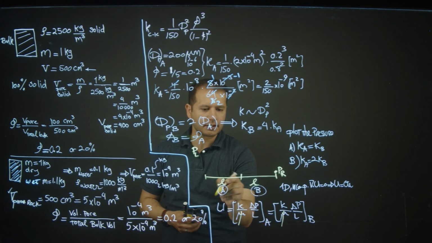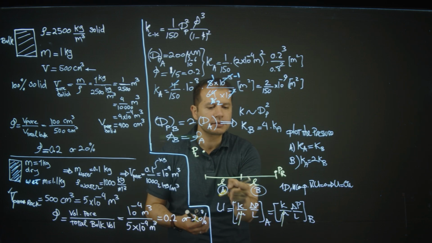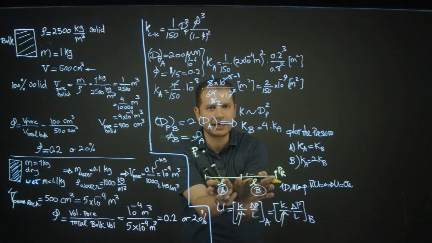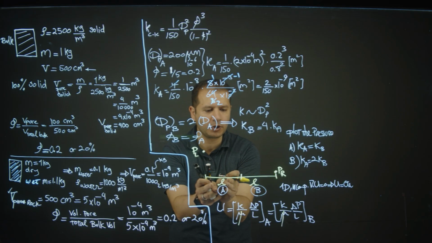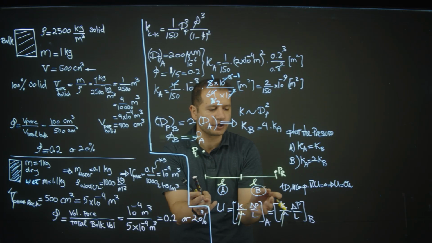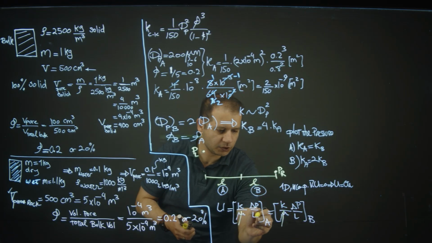Here the lengths are L and L. Length doesn't have to be equal. In this simple case, I am splitting exactly in half, so L of A and L of B are equal. Just for this case; you can have it different.